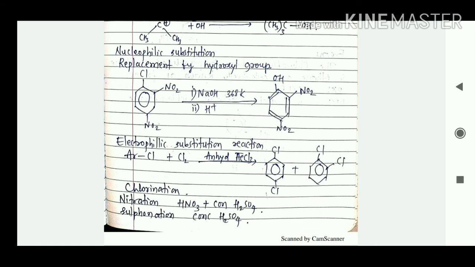This particular reaction itself is chlorination. Then we can expect a nitration reaction. The reagent in this case is the nitrating mixture, that is HNO3 plus concentrated H2SO4. Like that we can consider the sulfonation reaction. In this case the reagent is concentrated H2SO4.